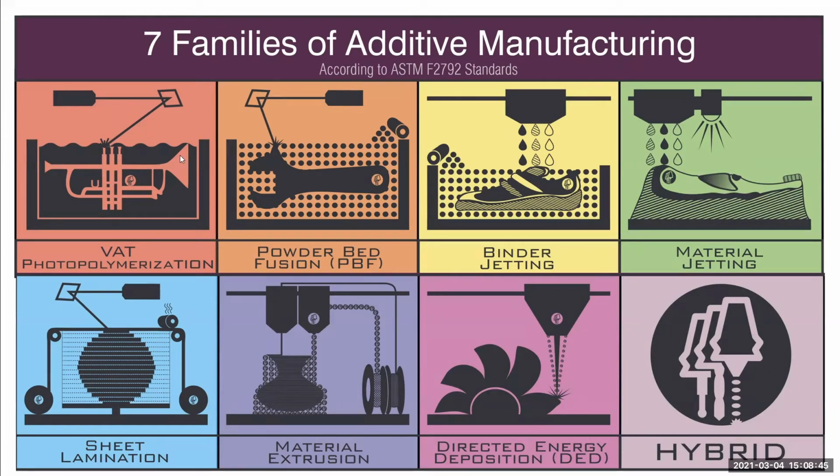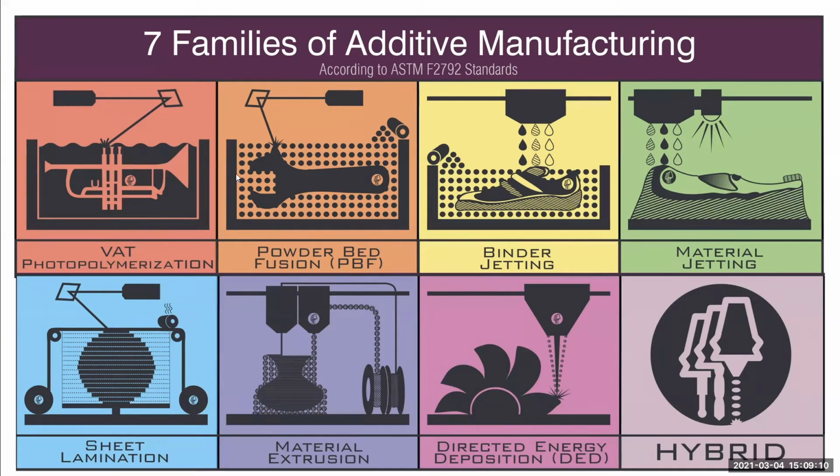Similar to vat photopolymerization, where a laser hardens particular aspects of that resin, here what we often see is a giant bed of metallic particles that are welded together with a laser in that same form of sliced layering system.